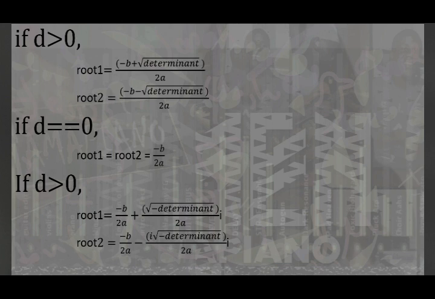Now this is the kind of calculation our program is going to be doing. If the determinant is greater than 0, the first root will be minus b plus the square root of the determinant, divided by 2a, then for the second root we change this plus to a minus.